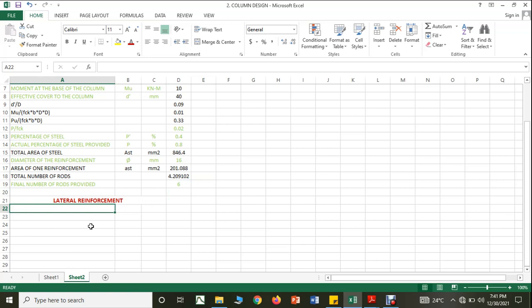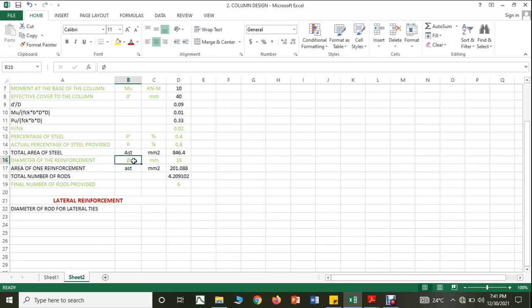So when it comes to lateral reinforcement, the first step is, what is the diameter of the rod that you are using for the lateral ties.